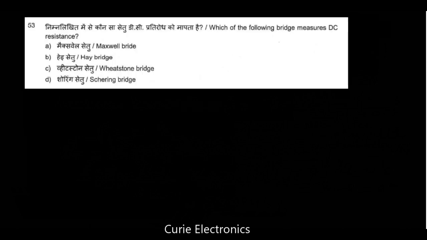Which of the following bridges measures DC resistance? For DC resistance, we use Wheatstone's bridge. In the balanced condition, the current flowing through the galvanometer in a Wheatstone's bridge is 0. The Schering bridge we use for measuring the dielectric loss of a capacitor. Maxwell bridge and Hay bridge, these two are for inductance measurement.